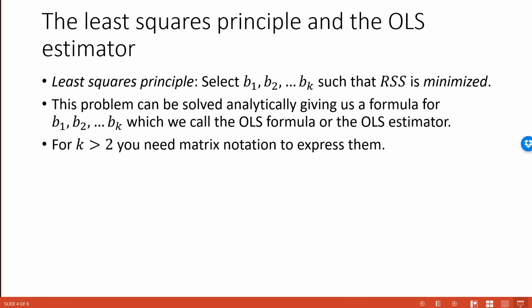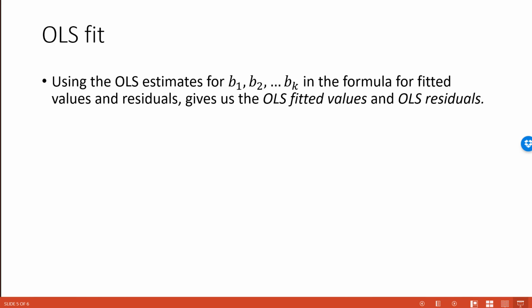And so, as we mentioned, if you use the OLS estimates for B, not just arbitrary numbers for B, then the fitted values are called the OLS fitted values, and the residuals are called the OLS residuals. When we did OLS with just one explanatory variable, we did learn a lot of results that held true for the data when we used the OLS estimates.